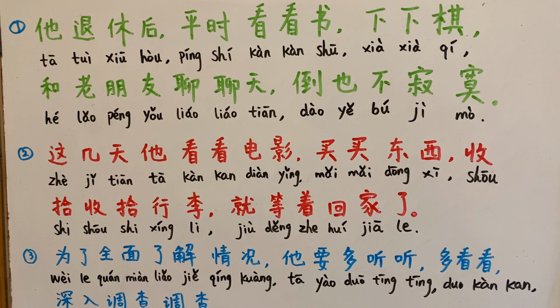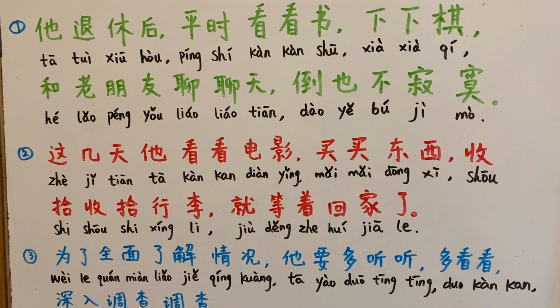Most of the time it indicates the past tense of the main verb, but sometimes it does not. And in this situation, 就等着回家了, this 了 is not the indication of past tense, because here is 等着.